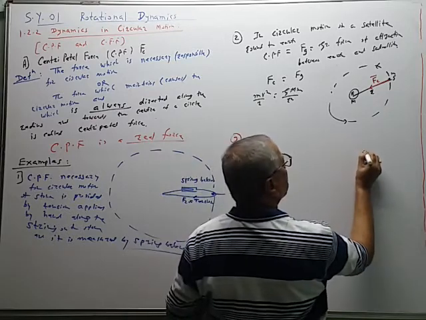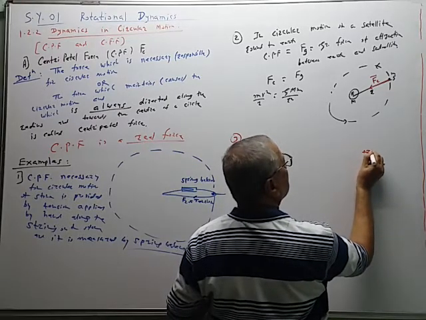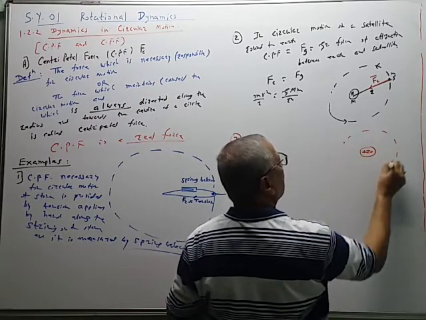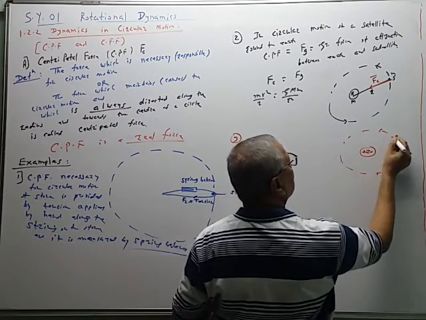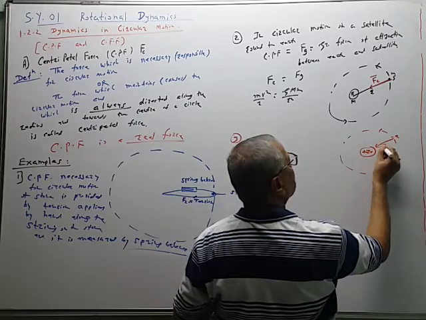Suppose this is a positively charged nucleus and this is the orbit in which the negatively charged electron is revolving. So on this electron, centripetal force is acting.